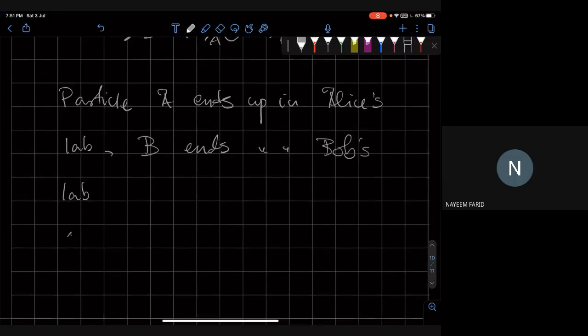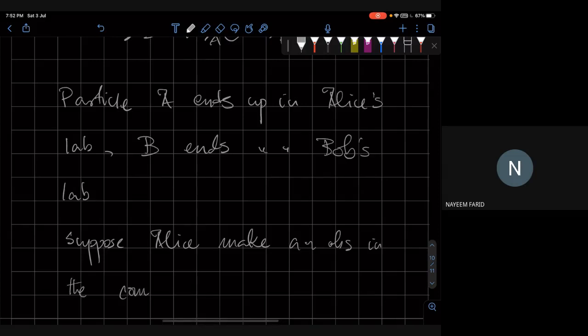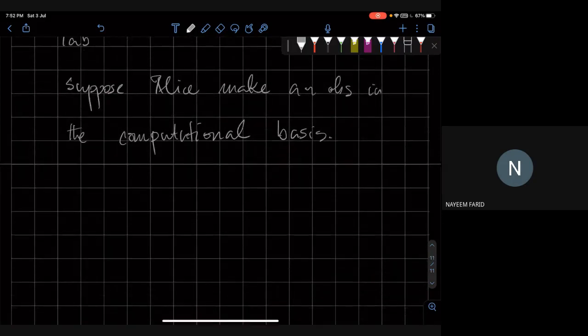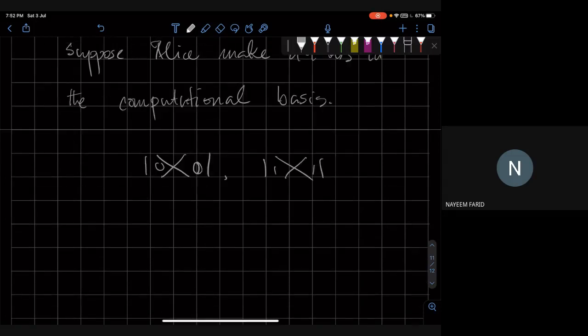Now, suppose that Alice makes an experiment, or makes an observation in the computational basis. What does this mean? This means that her observation consists of these two projection operators. So she's either going to get 0 or 1 as a result of her observation, okay?